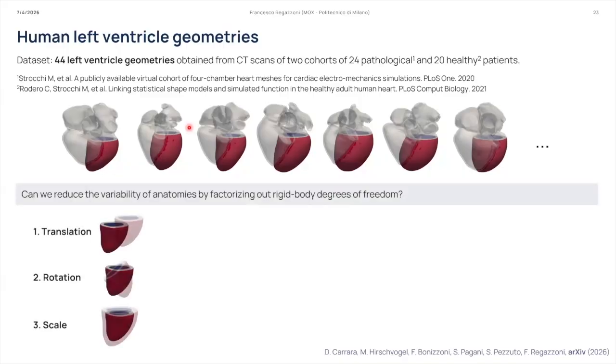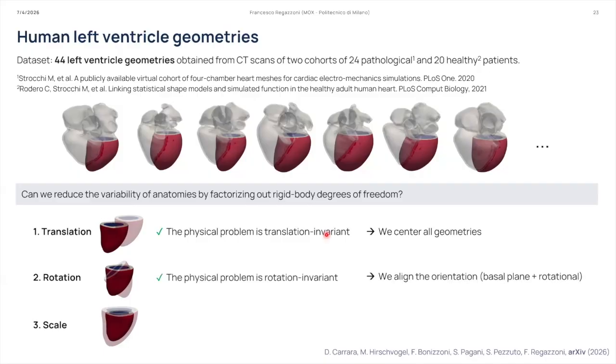So at first we tried to reduce the variability of anatomies by factorizing out some rigid body degrees of freedom. So first of all, we addressed translation, and since the physical problem is translation invariant, we simply centered all the geometries because without loss of generality, this is something that we can always do. Then also rotation can be factorized out because the physical problem is rotation invariant, so we can align all the geometries as I will show later.